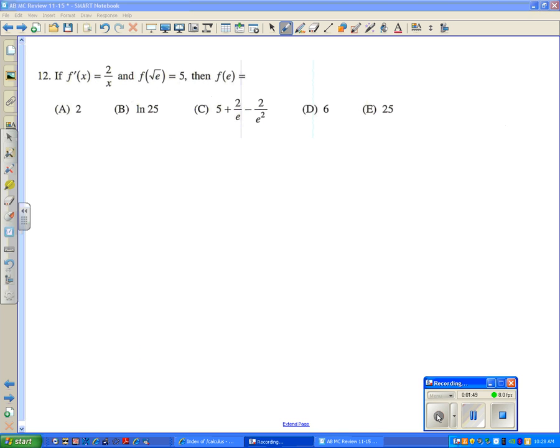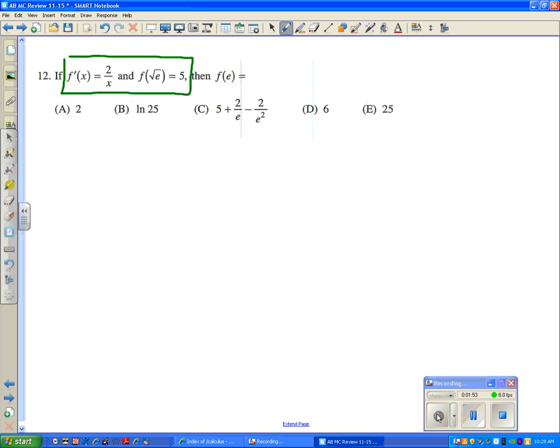I hope you recognize that we're asked to integrate with this problem, that we're asked to integrate f prime x in order to get f of x, because the integral of the derivative takes us back to the function.